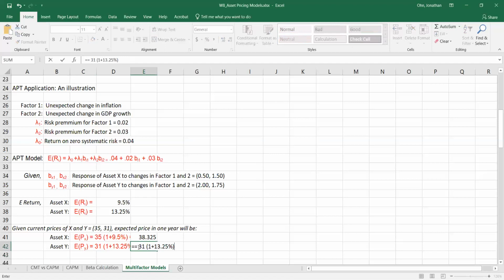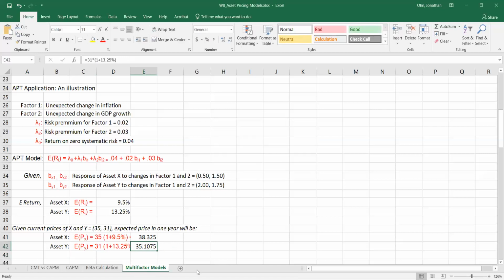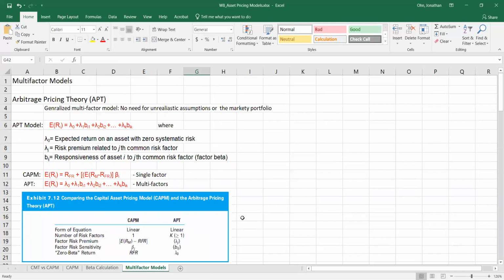If you calculate this, using the expected return and the current price for stock Y, the expected price in one year is $35.11. So this way you can get the expected price next year. Okay, now, this is a multi-factor model.